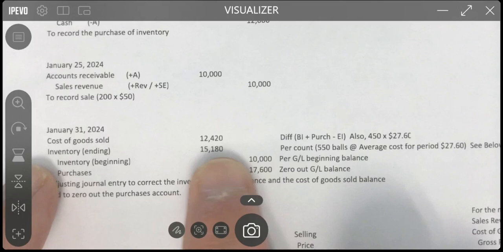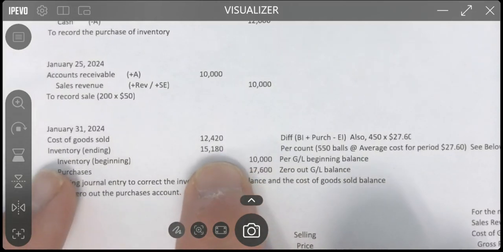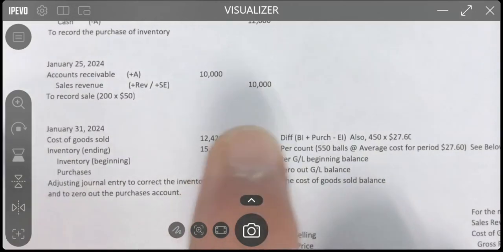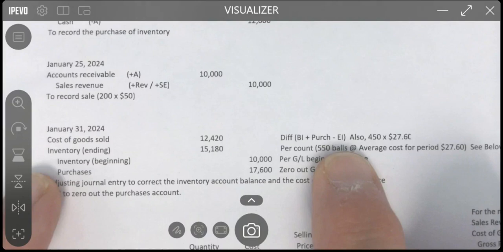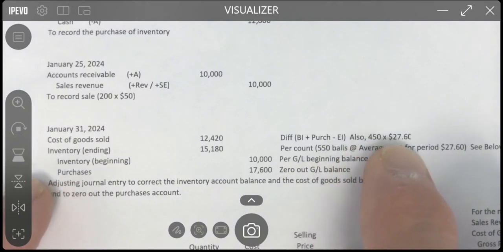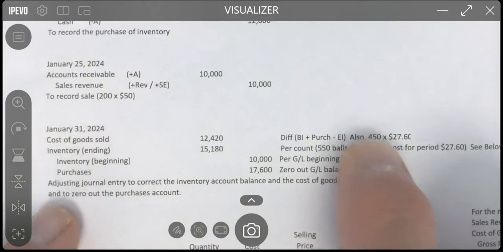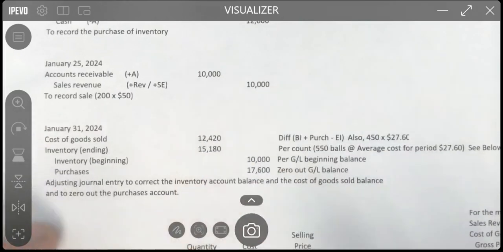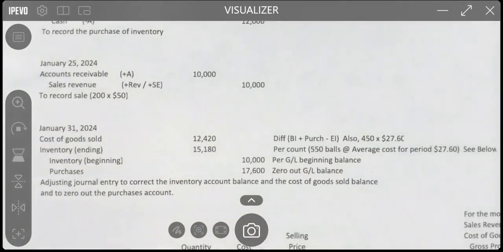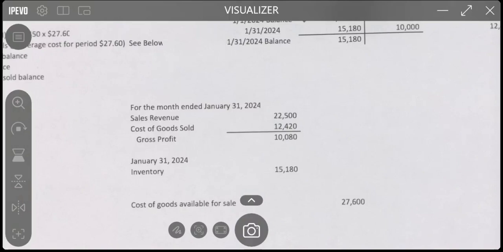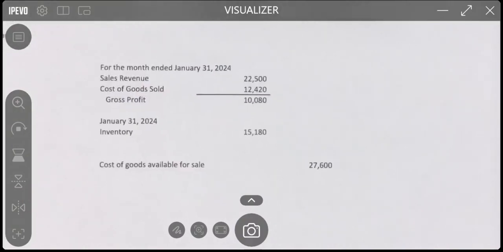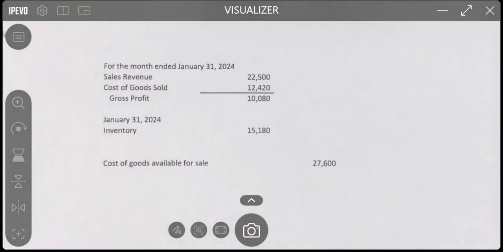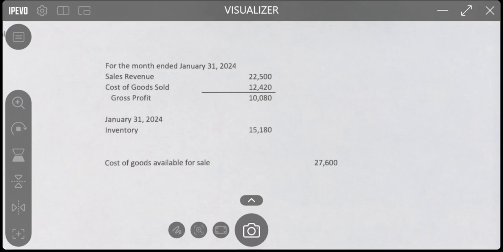At the end of the month, we just calculated the average cost of all the basketballs available for sale and allocated that average cost of $27.60 to the $450 in sold and the $550 in ending inventory. And so, once again, there's the excerpt of the financial statements with the balances.